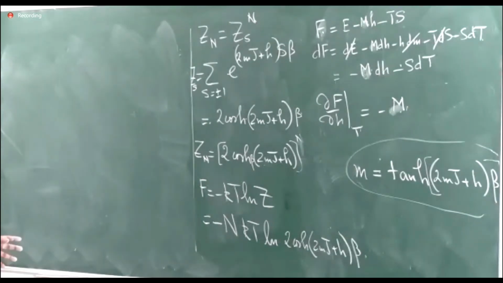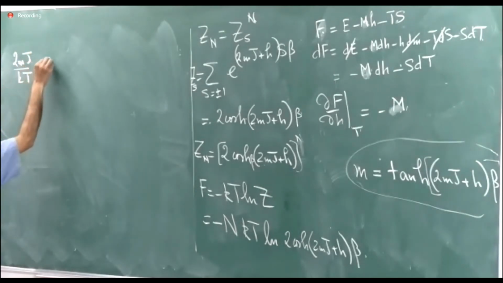Let me do some redefining. Let me call 2mJ divided by kT as being equal to x.